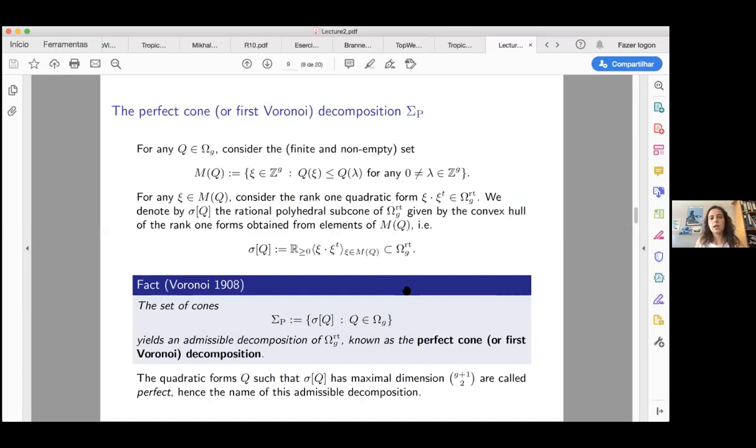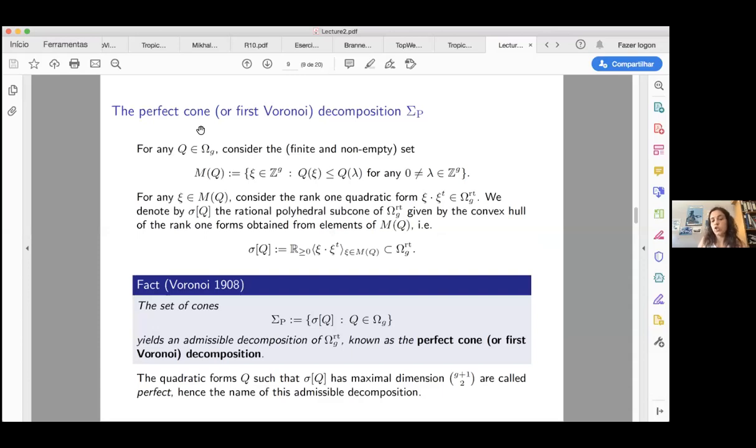Okay. So now I'm going to define the two decompositions of the cone Omega_g rational. The first one is called the perfect cone, or first Voronoi decomposition. You might have already seen this. Otherwise, it could maybe seem a bit technical, but it's just a definition. So how do we define this decomposition?